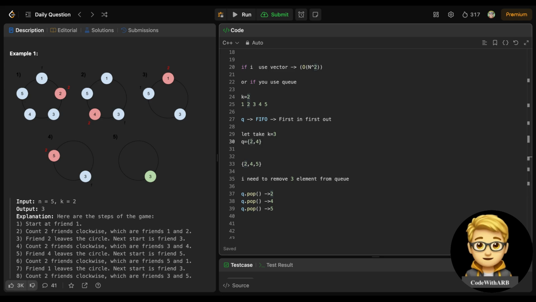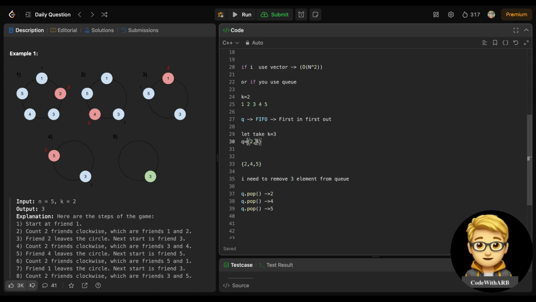So what we will do is go from 2, so this will become 2, this becomes 4. Now this 2 should be popped out. So here k is equal to 3, because we have started from the third element which needs to be removed.